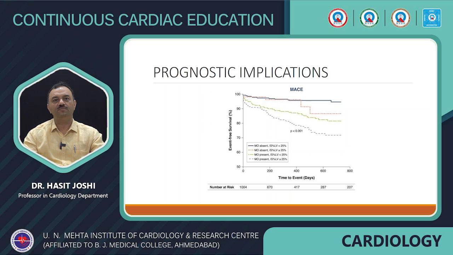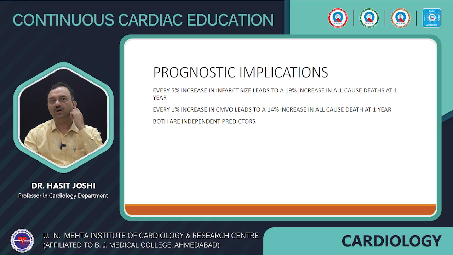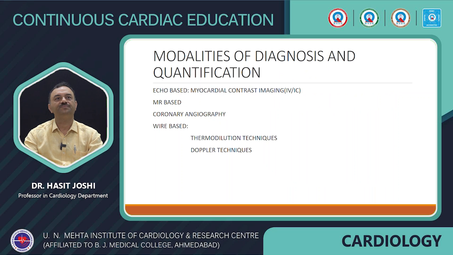So microvascular obstruction is a better predictor of mortality than infarct size, and it is additive to infarct size in consideration of long-term mortality. Every 5% increase in infarct size leads to a 19% increase in all-cause death at 1 year. However, just a 1% increase in CMVO leads to a 14% increase in all-cause death at 1 year, and both are independent predictors.